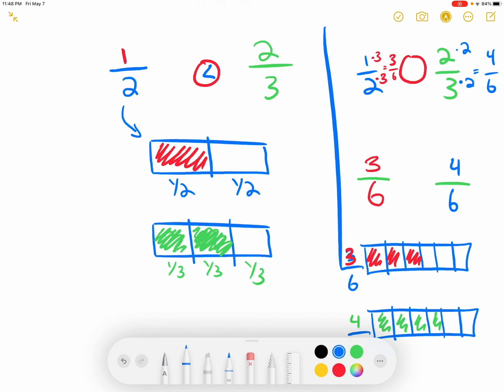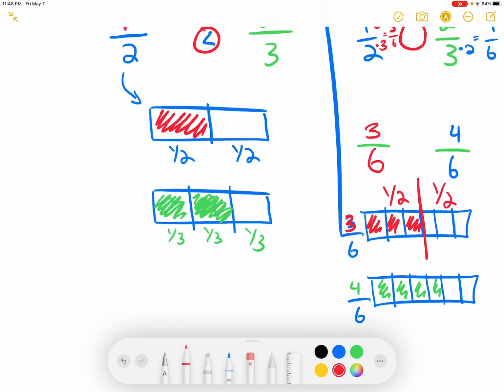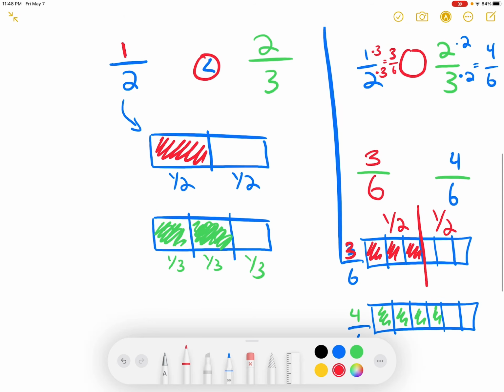It's also clear that 3/6 is the same as 1/2. Because if you cut this in the middle, this is 1/2 of the picture. That's another half, right? 3 out of 6. And it's also clear that if you cut these into little sections of 4, 4/6 is the same as 2 out of 3.